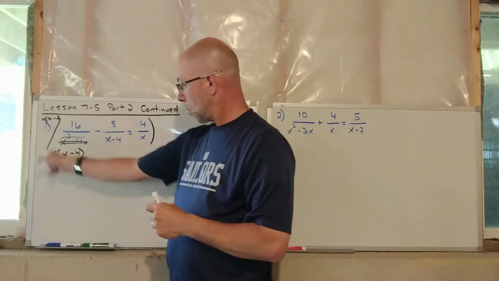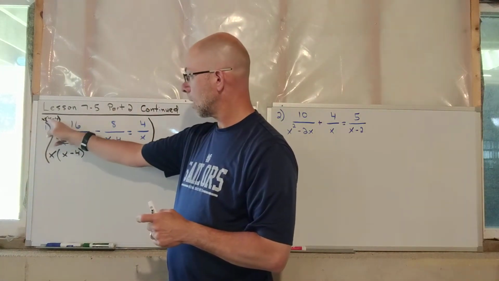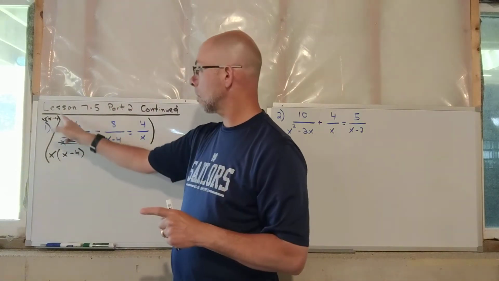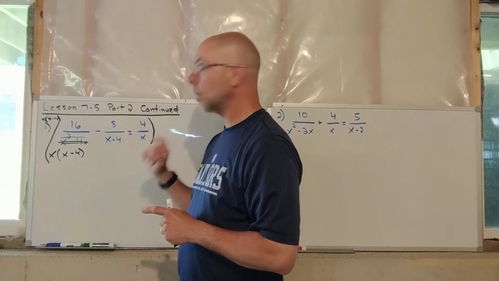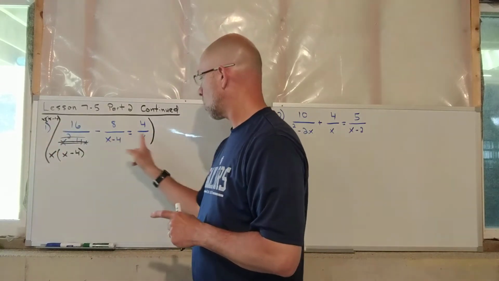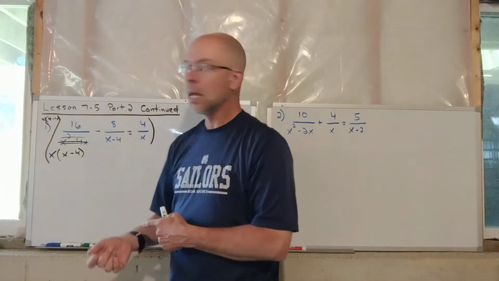So there's my putting the whole problem, both left side and right side, in parentheses, and we're going to multiply this x times x minus 4 to everything. Please remember that goes to the numerators only because it's technically over 1, so times 1 goes to the denominator, which means the denominator doesn't change.